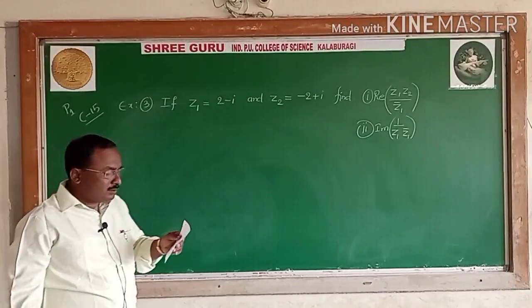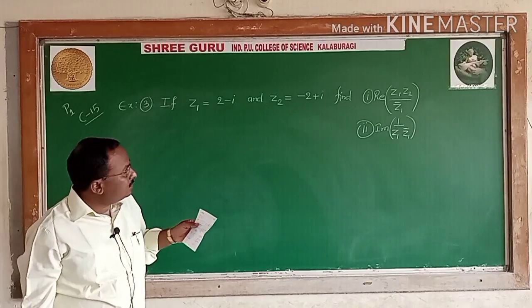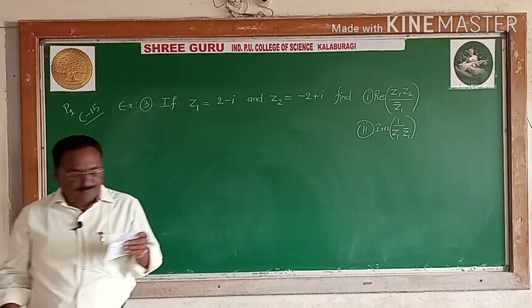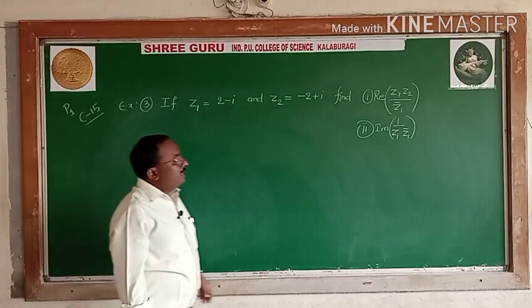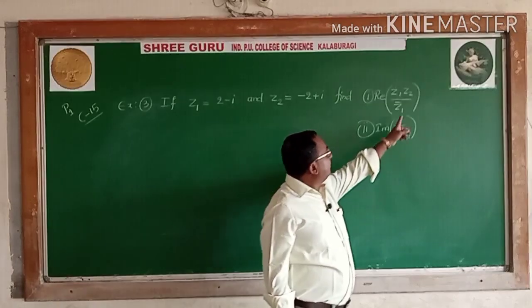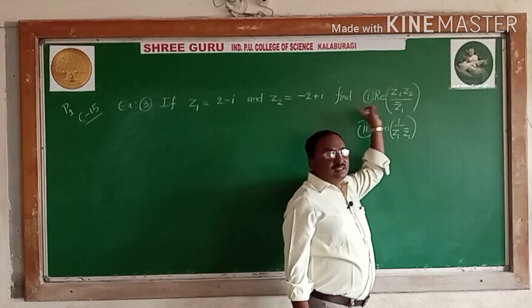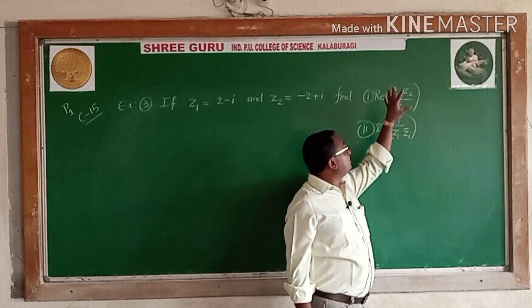Z1 is equal to 2 minus i, Z2 is equal to minus 2 plus i, Z1 Z2 divided by Z1 bar, and 1 by Z1 bar. My dear students, here is a very important point. Z1 already is there, Z2 already is there, but Z1 bar, first find it out and substitute.